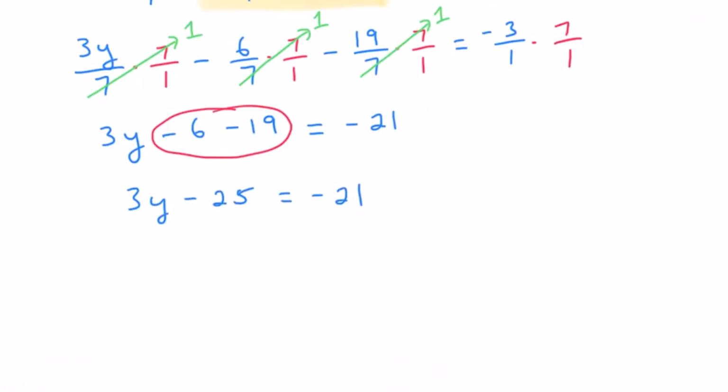So let's get the y by itself. To get the y by itself, the 25, the one without the y, needs to go first. So we have to add 25 over.